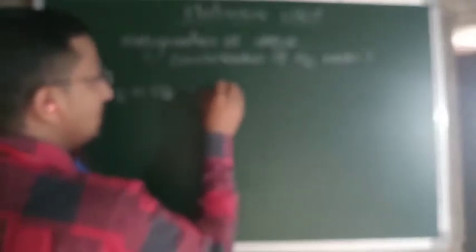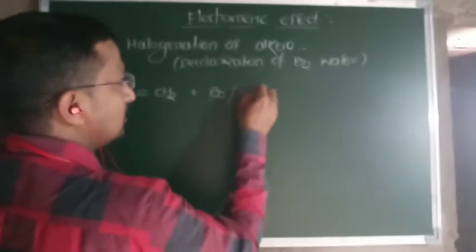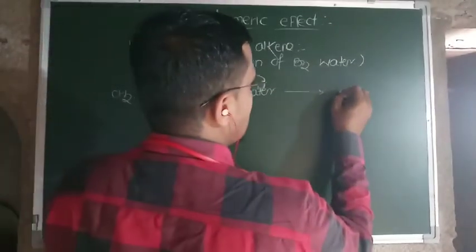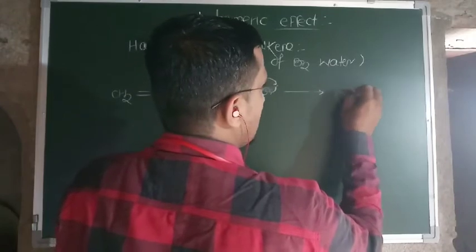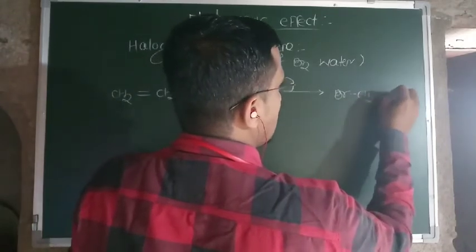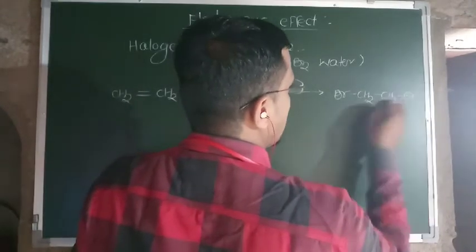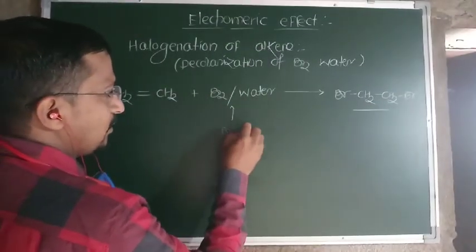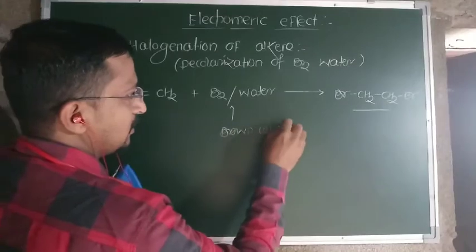Suppose you consider CH2 double bond CH2, that is ethylene, plus bromine water. It results in the formation of BrCH2CH2Br. Bromine water is brown colored.